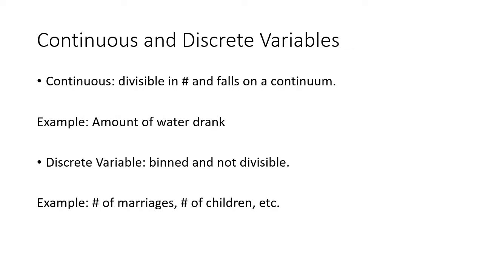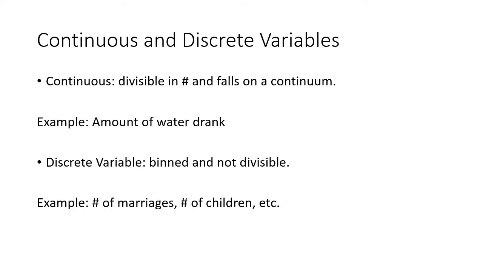Now, continuous and discrete variables are something that I have briefly mentioned before. A continuous variable is one that is divisible and falls on the same continuum. For instance, another example I gave you is the amount of water that was drunk. That is measurable and always runs on the same continuum.